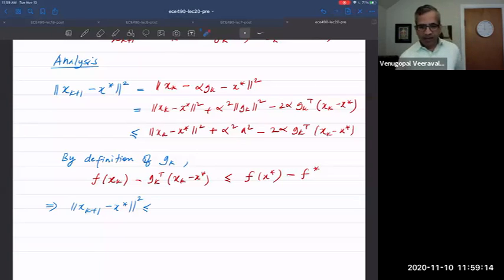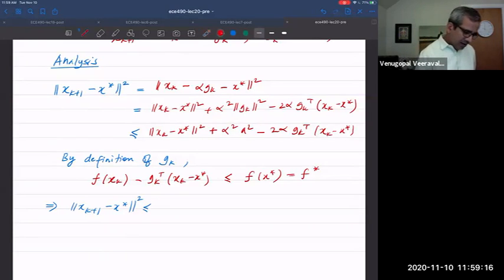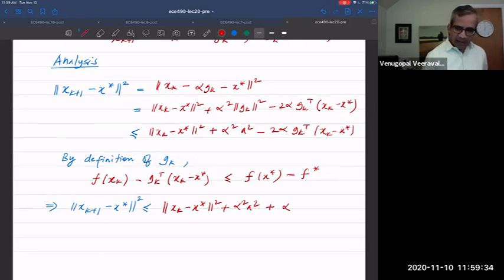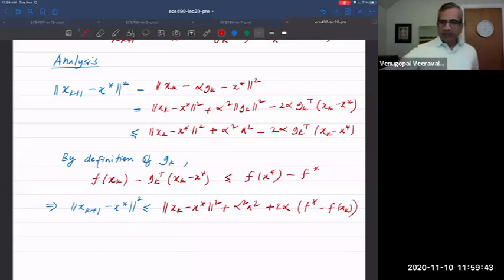Let's put that into that expression up there, and we get that the left-hand side is upper bounded by xk minus x star squared plus alpha squared a squared plus 2 alpha times f star minus f of xk. Is that clear?